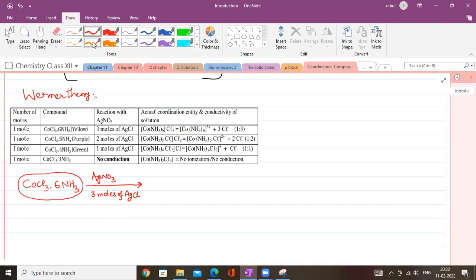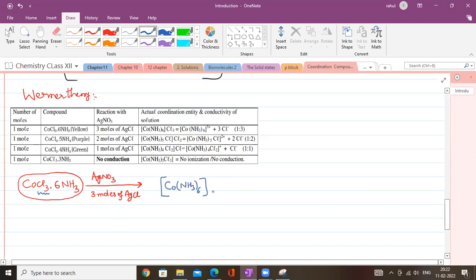That means all the chloride atoms are outside the coordination entity, and that's why he said the compound will be [Co(NH3)6]Cl3, because if you try to ionize this, you will get [Co(NH3)6] 3 positive plus thrice Cl minus. That means it is in 1:3 ratio, and it is capable of showing conduction for 4 ions.